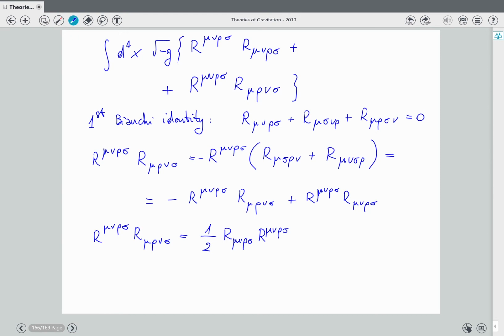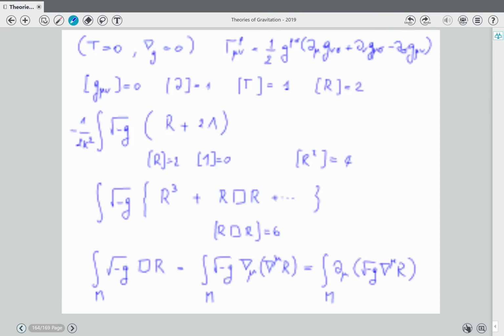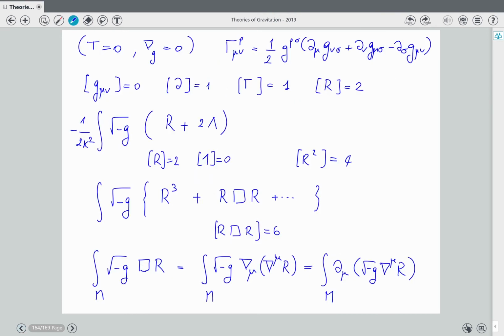You can write this as the integral of an exact form. Why? Because this is not written as a form, but you can write it as a form. And basically that's the divergence of a current.